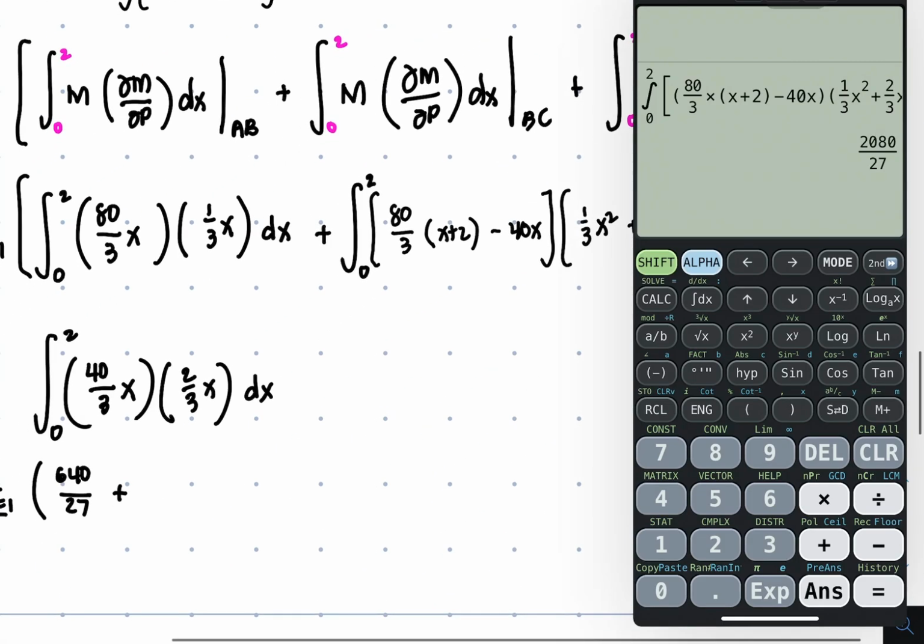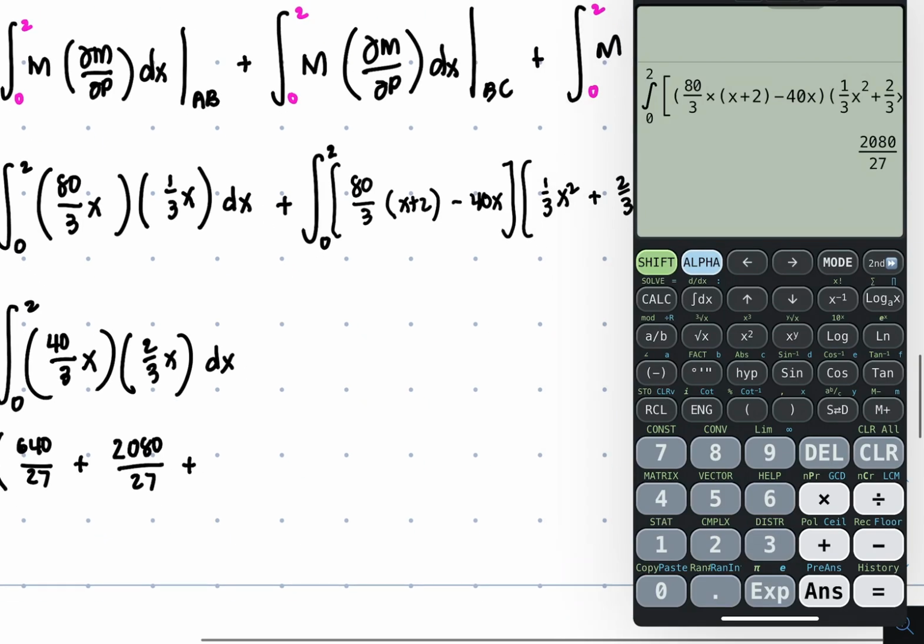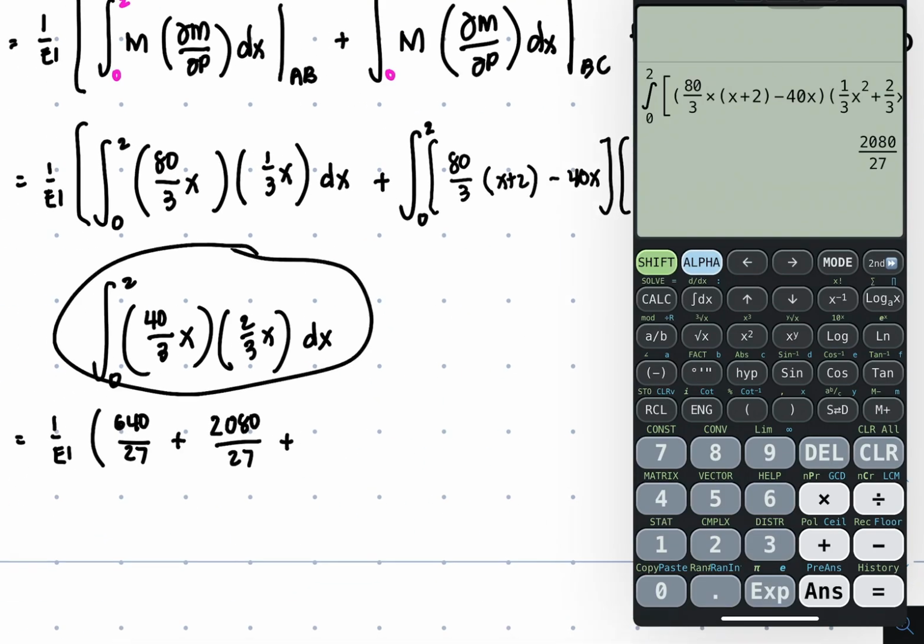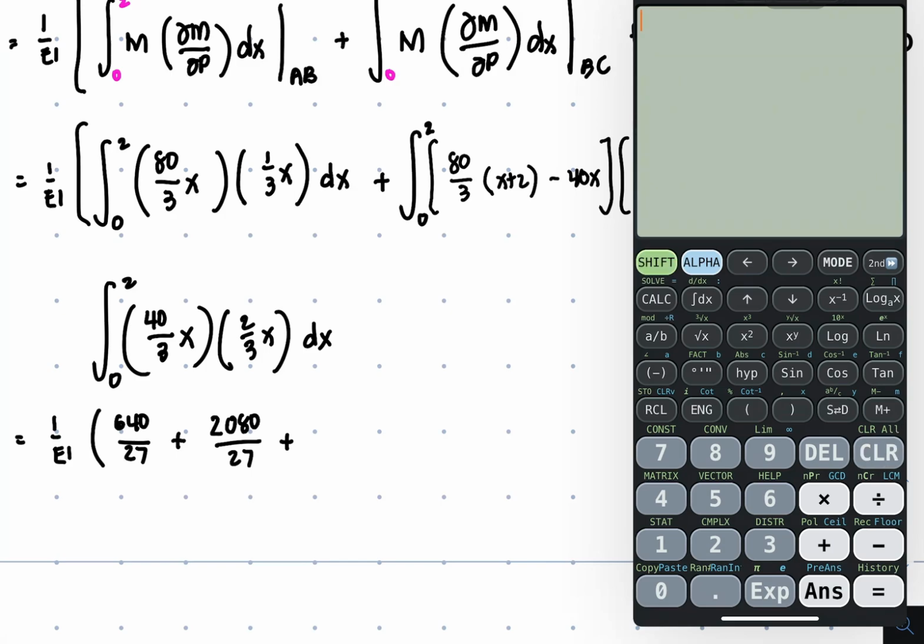So the answer here is 2080 over 27 plus the last segment here. So integral of 40 over 3 times x multiplied by 2/3 x, and the limit is from 0 to 2. So it's 640 over 27.